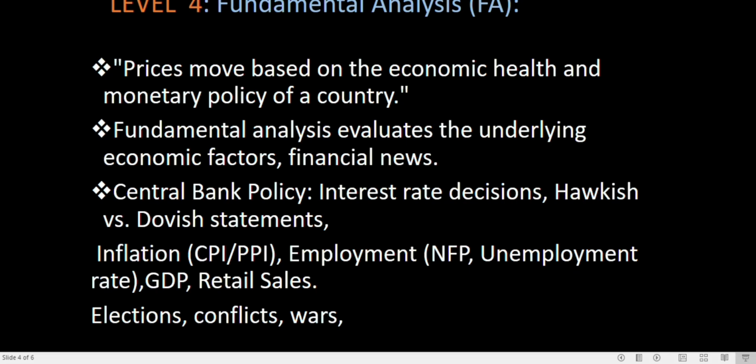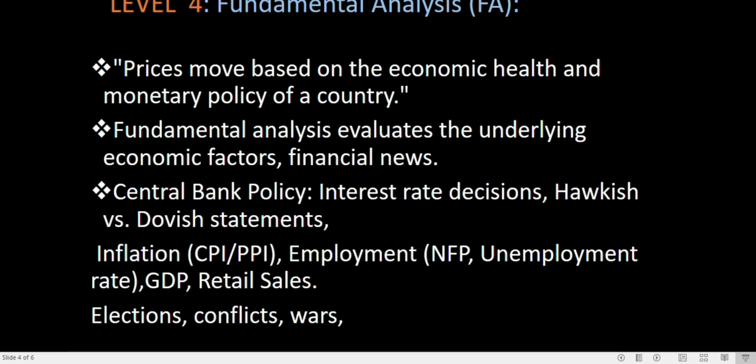So when they make such a statement, what do you expect? It is positive news, right? Yeah. So this adds more value to the economy of their country, and in return improves their currency strength against other countries at that point in time.